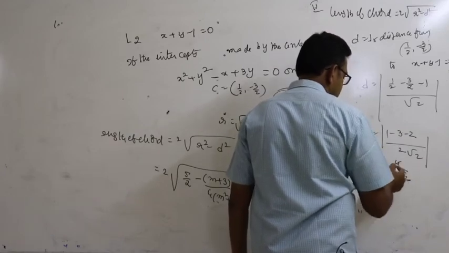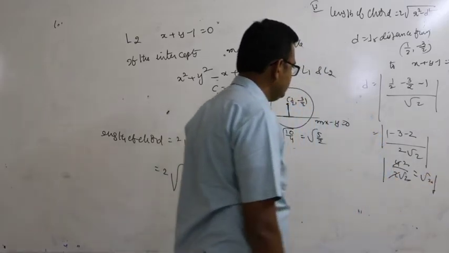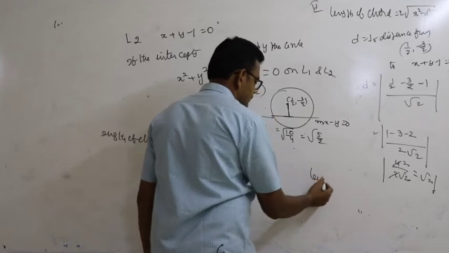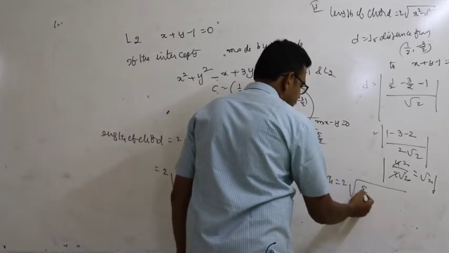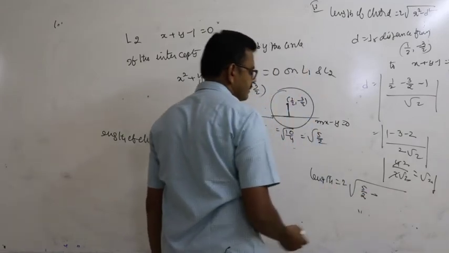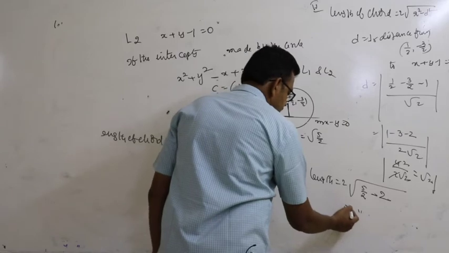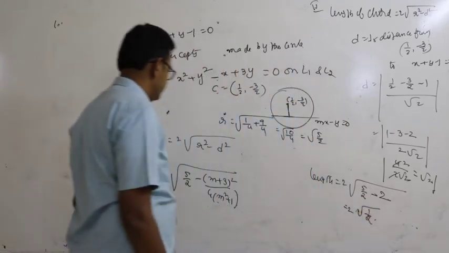So this gets cancelled, that is root 2. So length equals 2 root of 5 by 2 minus d square, that is 2. Therefore that is equal to 2 into root of 1 by 2.